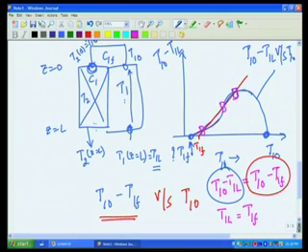Now, what happened? What happened is that what this is saying is that for a given value of T1 L, I actually have three different values of the temperature at the top, T1 0, corresponding to which reactions will take place.